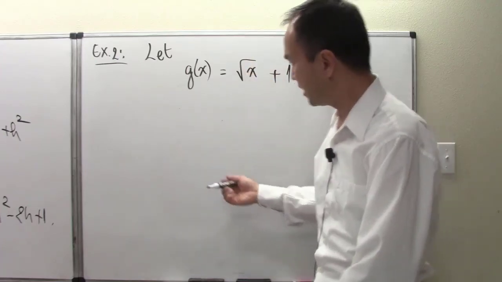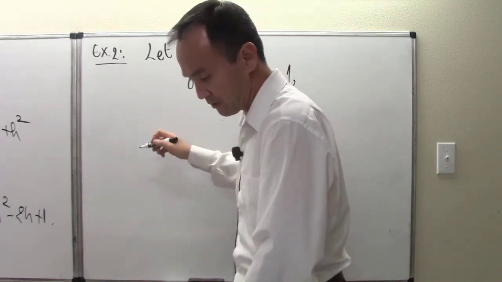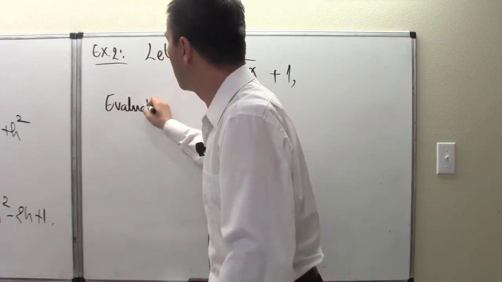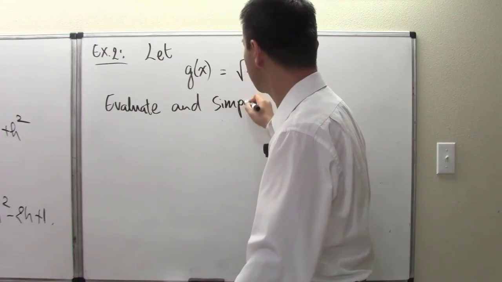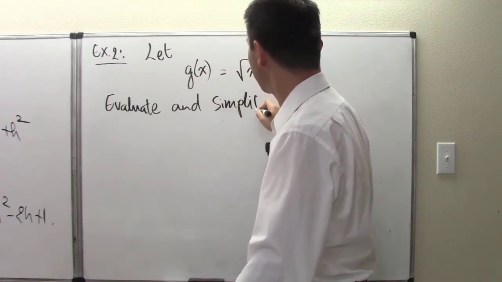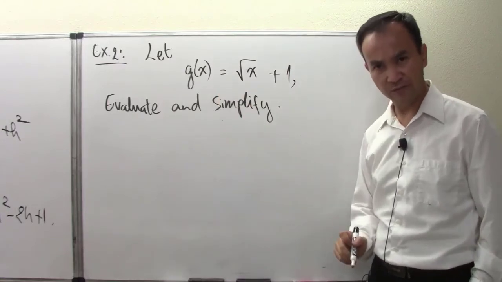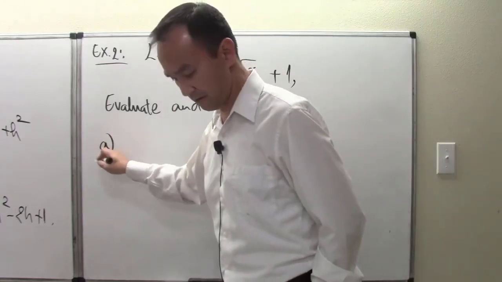Now from that function, again we're going to do a similar thing. We want to evaluate and simplify. It looks nothing unusual compared to the earlier example, other than I switched to a different function, a different rule. But now let's look at part A.